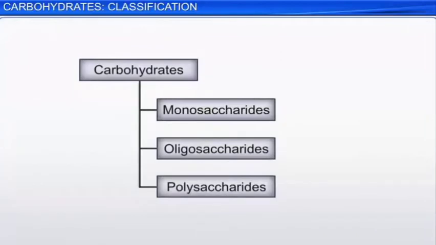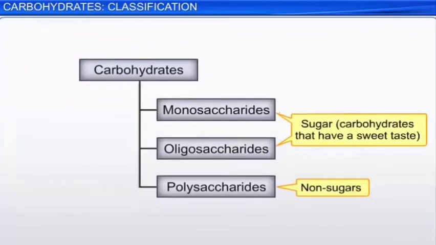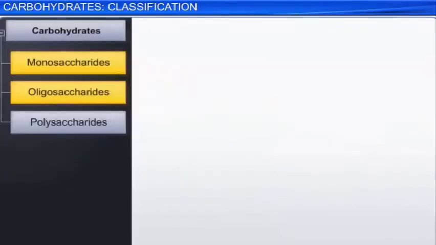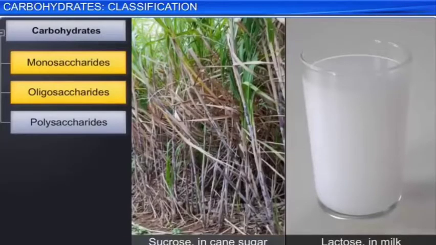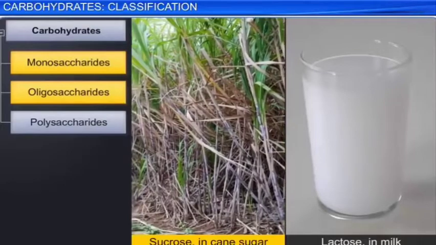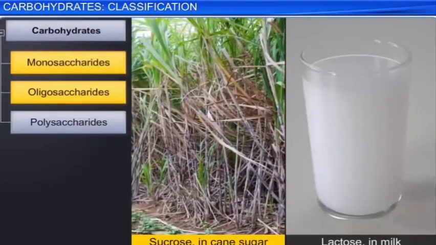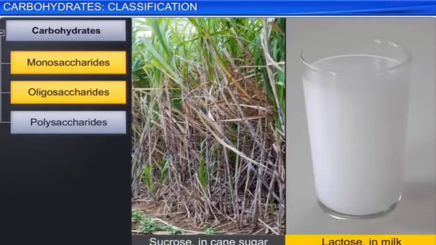We often use the term sugar to refer to carbohydrates that have a sweet taste. In general, monosaccharides and oligosaccharides are sweet in taste and are therefore referred to as sugars. Everyday examples of sugars include sucrose, found in cane sugar, and lactose, found in milk.